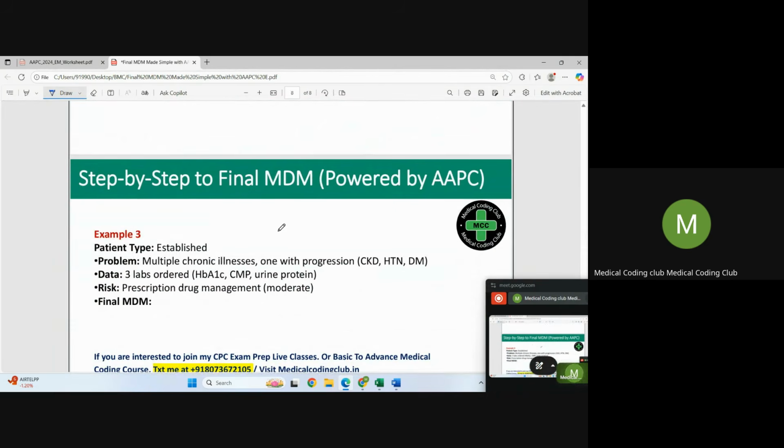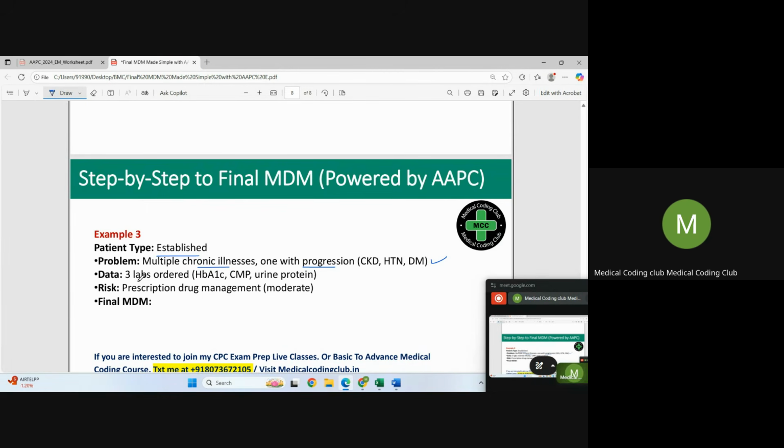One more example I have. This is an established patient. The problem is multiple chronic illness with progression. So the patient is not having stable chronic illness, but here the patient is having a progressed exacerbation. Now you have to check where exactly this falls.